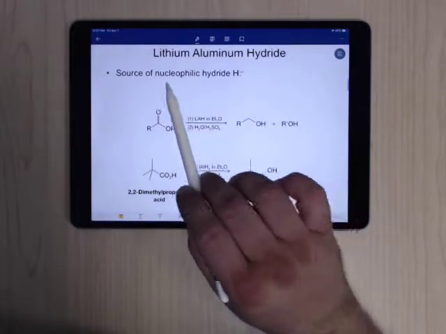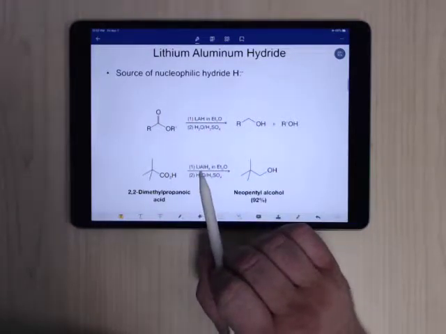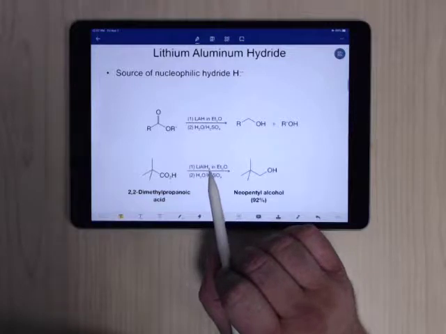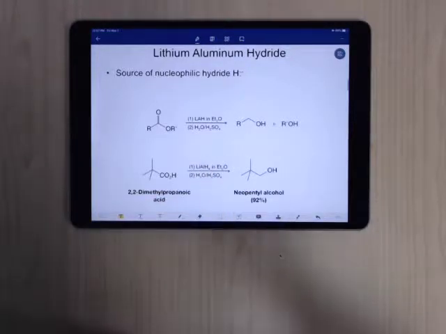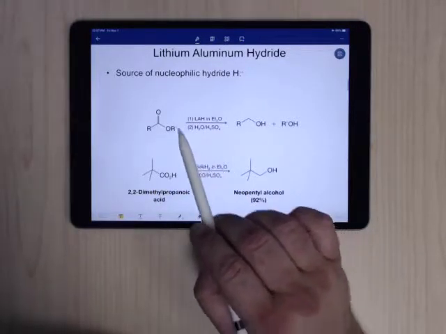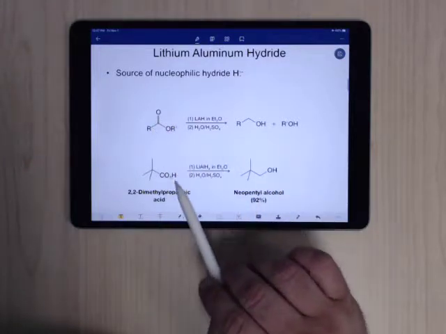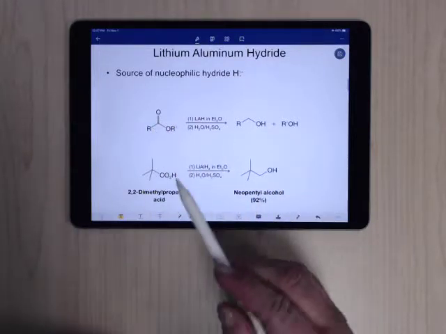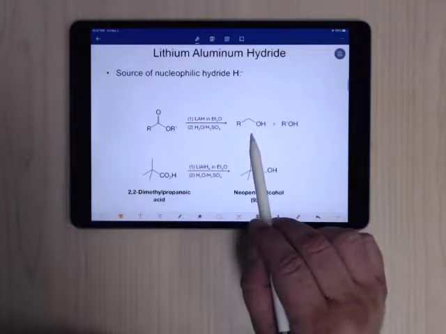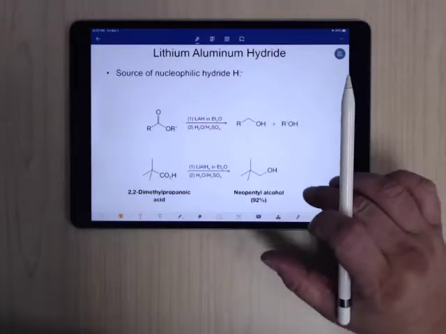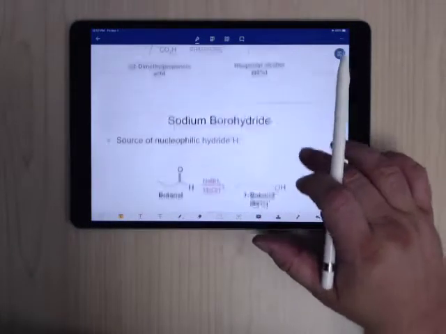Okay, and so lithium aluminum hydride, LiAlH4. This is going to reduce esters, carboxylic acids, aldehydes, ketones. They're going to take it all the way down to the alcohol. It's going to go all the way as much as it can.